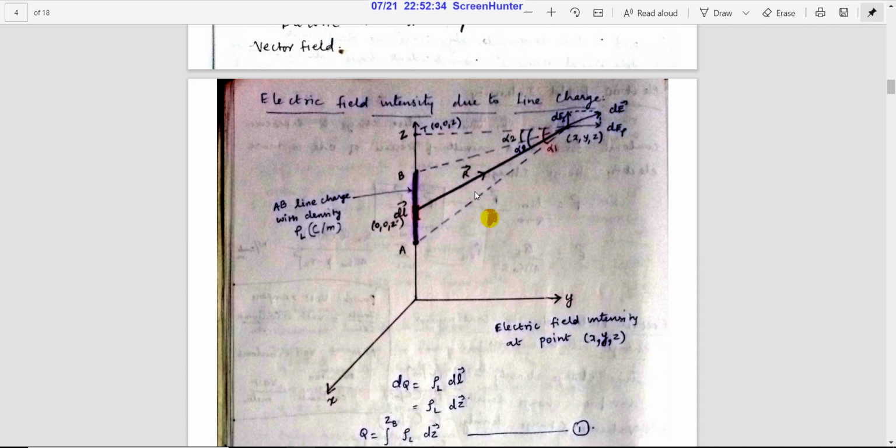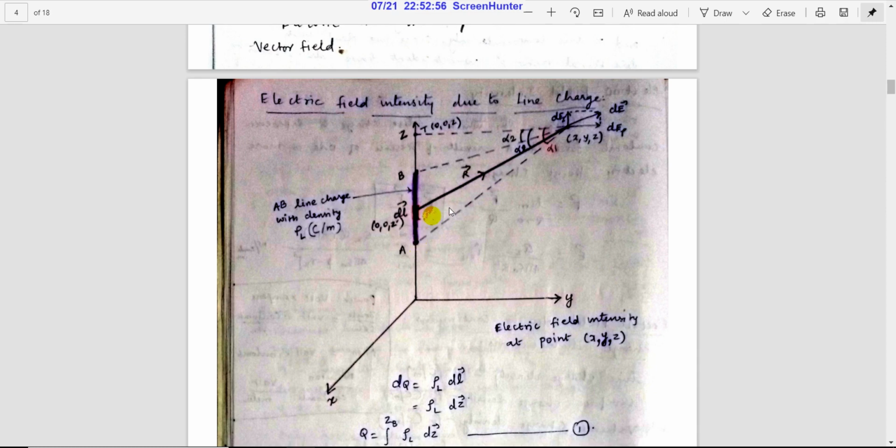Now we can go for the derivation of the electric field intensity due to the line charge. In this derivation we are going to derive the electric field intensity due to the line charge, which is given here as AB.